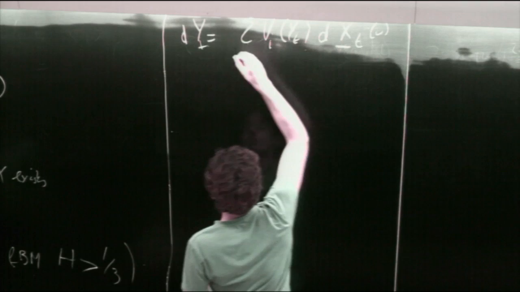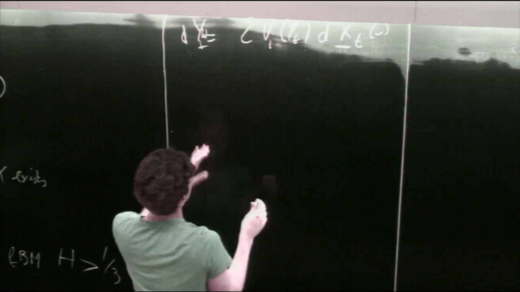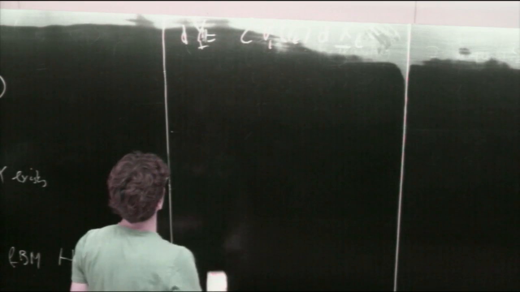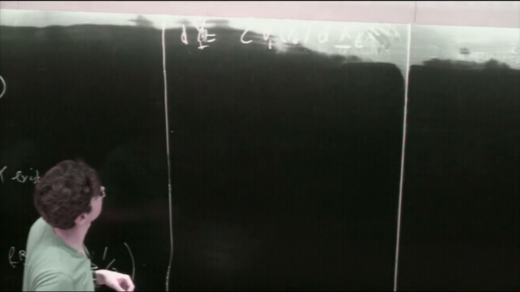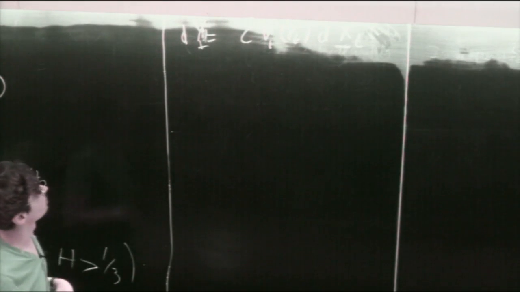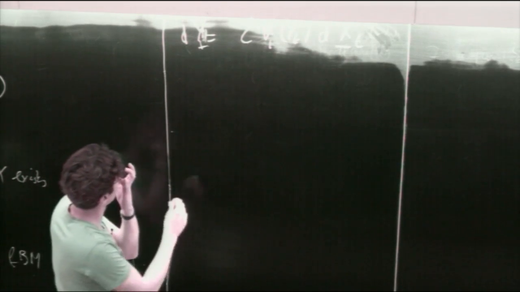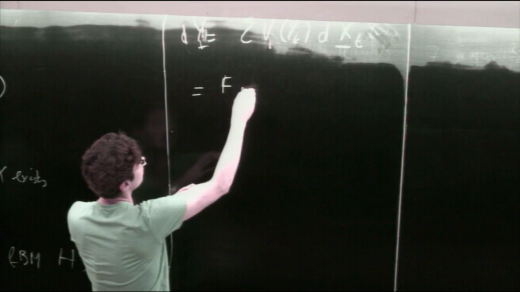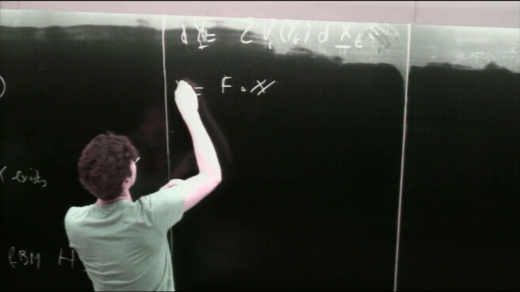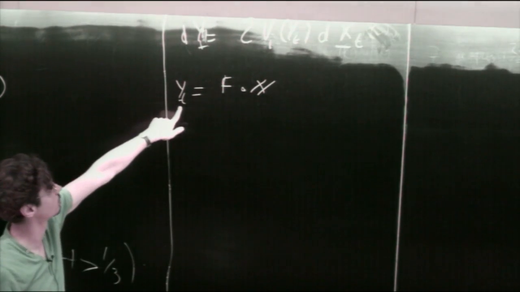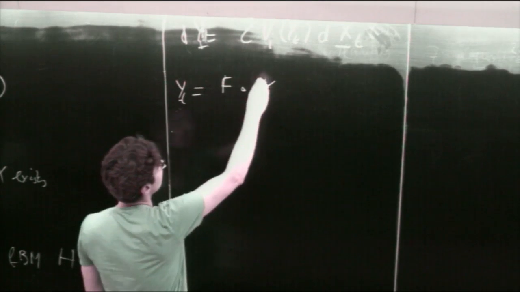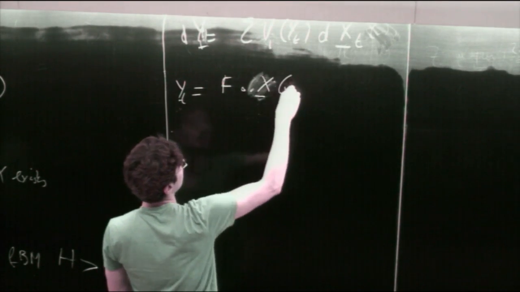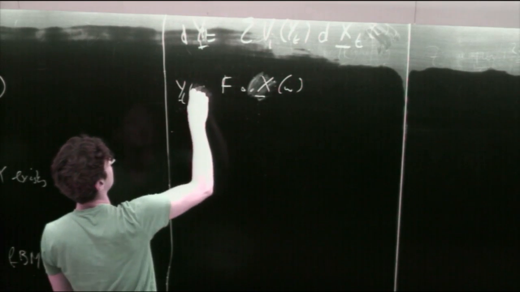X, of course, is a random variable again, something which depends on omega, but I will not mention this anymore. So this is some function of y, so y at time t, because that's what we are interested in. It's some function of the rough path, so y_t of omega.